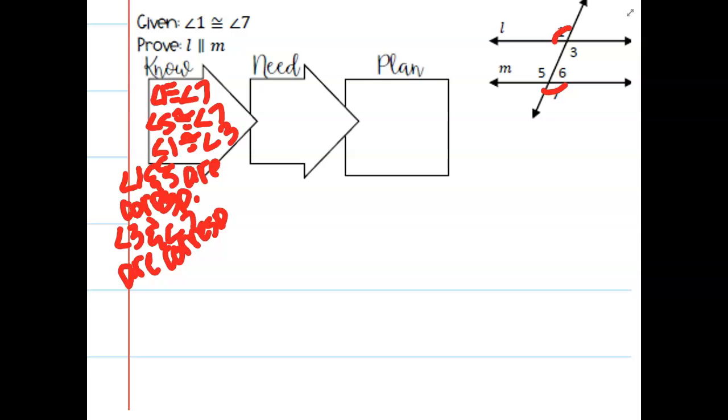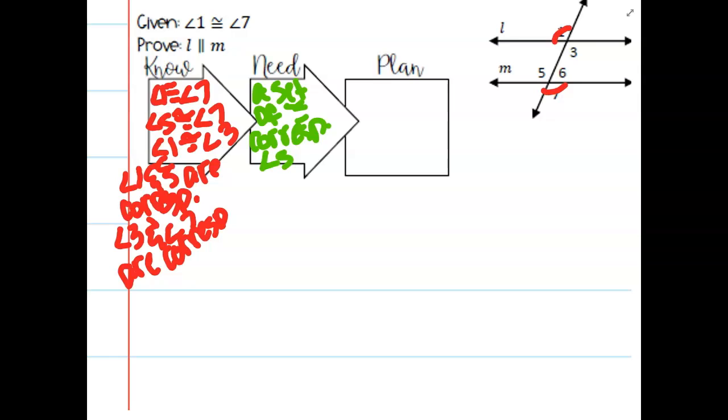So what I need is a set of congruent corresponding angles. That's what I need. I could either do 1 and 5 or I could do 3 and 7. Let's come up with a plan here. So this is kind of what we talked about. What do you think the plan's going to be?